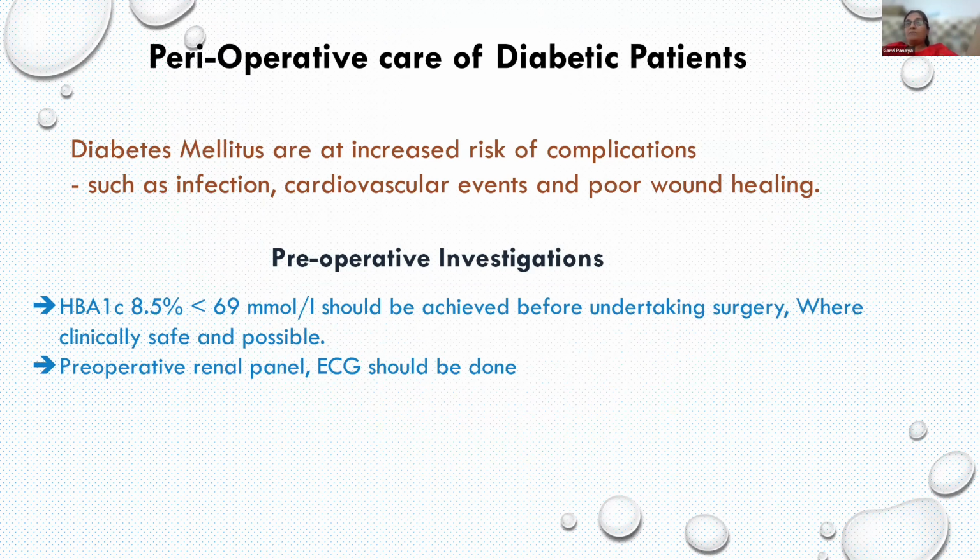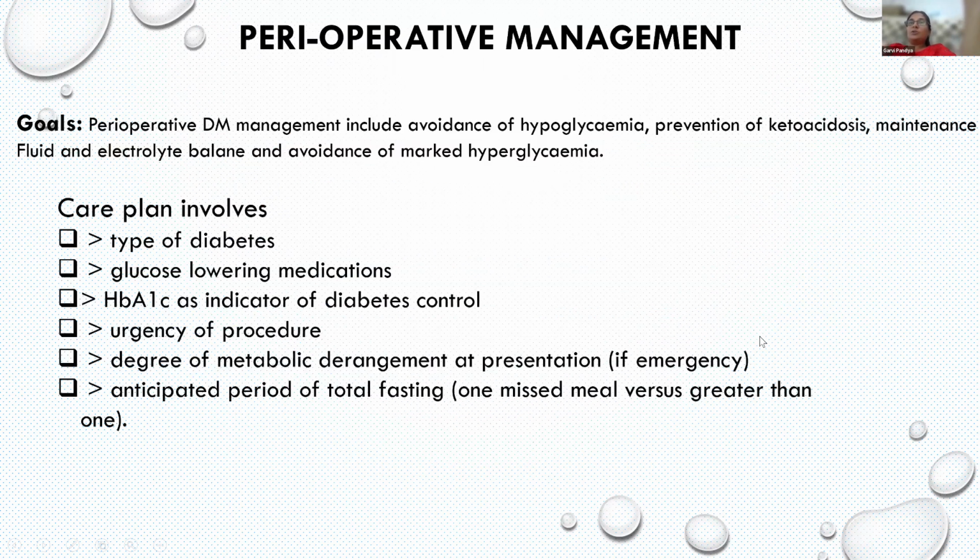If we don't have the time, then we have to go by their sugar level and monitor their sugar peri-operatively. They should also have an ECG and creatinine, and the goal is to prevent hypoglycemia or hyperglycemia and diabetic ketoacidosis, and maintain their fluid and electrolyte balance.